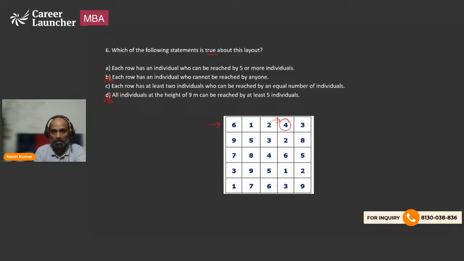This 4 can be reached by 2, this 3, and that's it. And 3 cannot be reached by anyone. So in the very first row, we do not find an individual who can be reached by 5 or more individuals. So this is going to be false, right? So we are left with only option C. So that is going to be the answer.